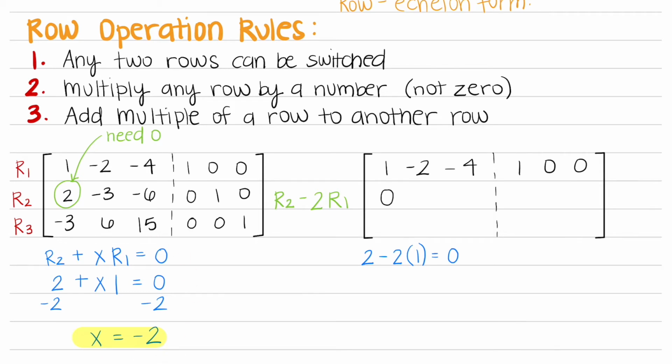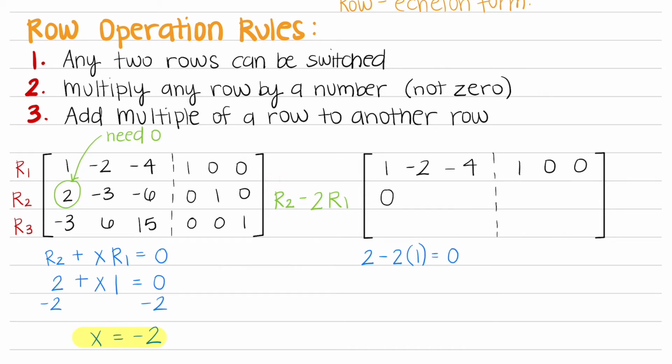But in order for this to work, we have to take that formula and apply it to every term in row 2. We can't just apply the formula to one number in the row without applying it to the entire row. So let's start with the second term. Again, we use the same formula, so we have R2 minus 2R1.